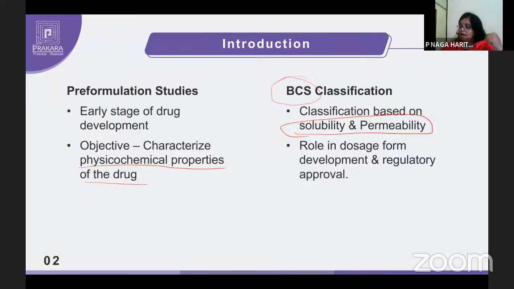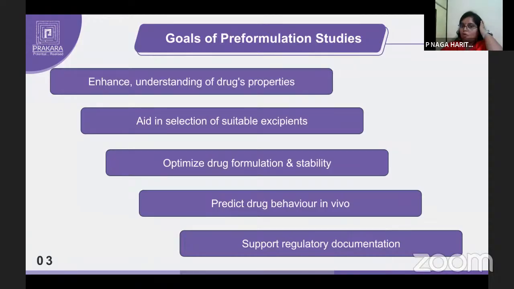Moving on, we have to see the goals of pre-formulation studies. The goals are multifold: to enhance the understanding of the drug properties, to select suitable excipients which improve the drug performance, to optimize the drug formulation as well as stability, and to predict how the drug behaves inside the body, that is what we call the in vivo behavior of the drug.